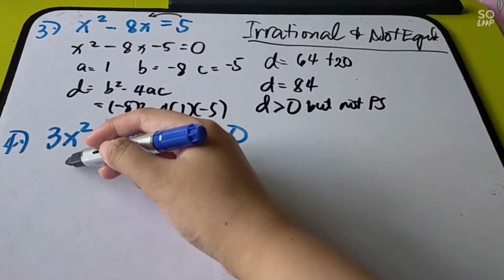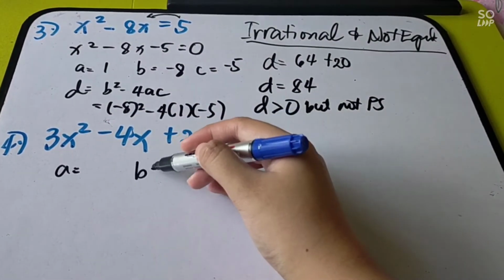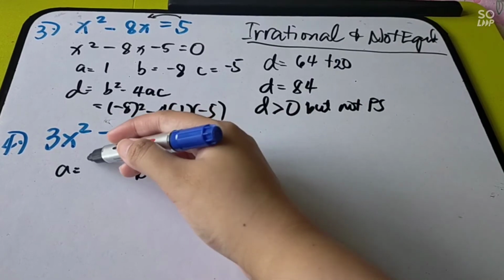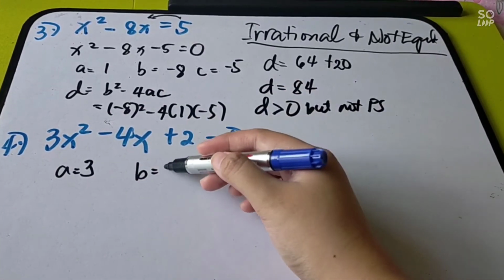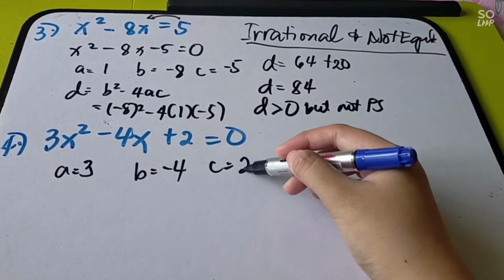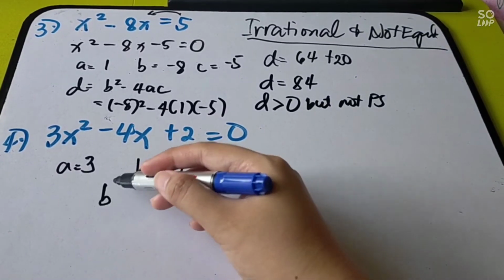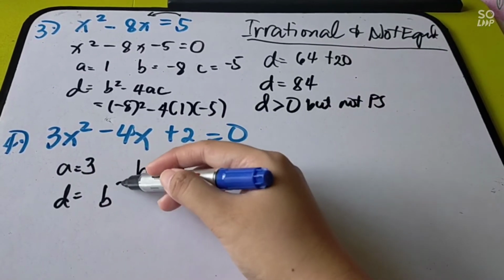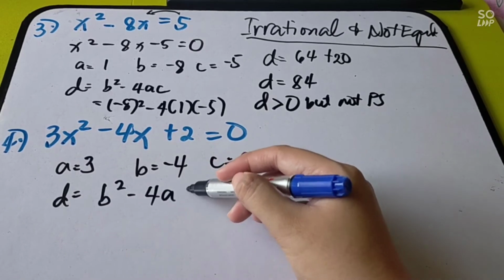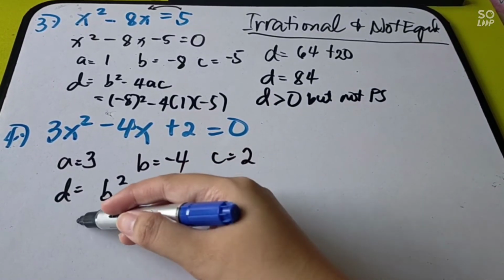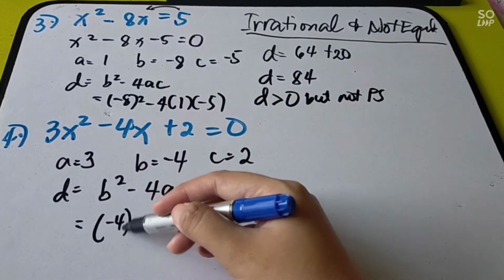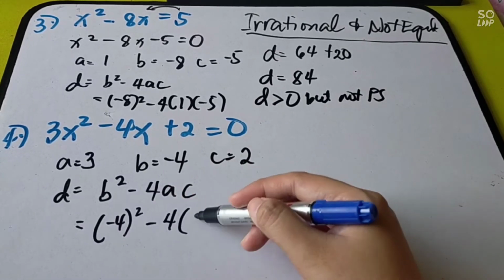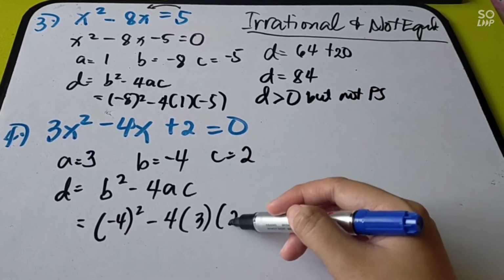Let us have your A, B, and C. Your A here is 3. Your B is negative 4. Your C is positive 2. Formula of the discriminant is B squared minus 4AC. Then, we have your B, which is negative 4 squared minus 4 times 3 times positive 2.